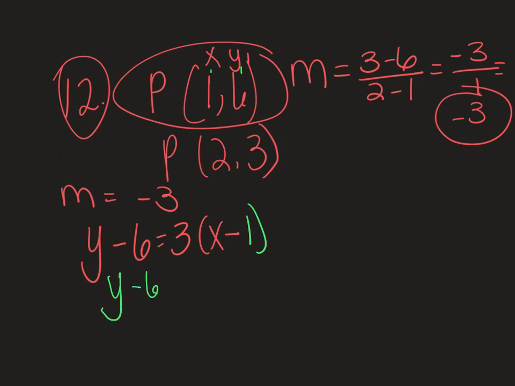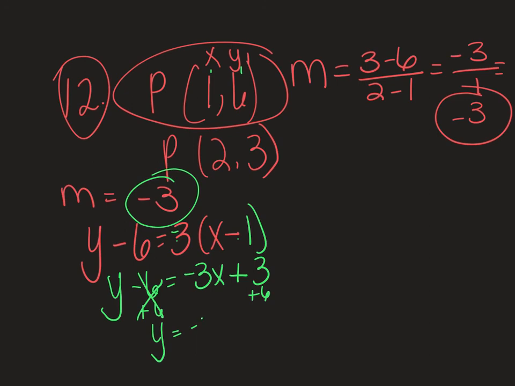Y minus 6 equals a negative 3x, because your slope is a negative 3, minus a negative 3 times a negative 3 makes it a positive 3. Okay, so now let's add 6 to both sides. That cancels. Y equals a negative 3x plus 9, and that is your answer.